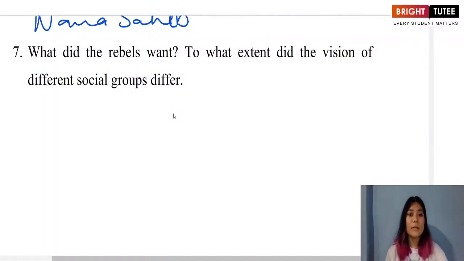Alright, now next question. What did the rebels want? To what extent did the vision of different social groups differ? What did the rebels want?